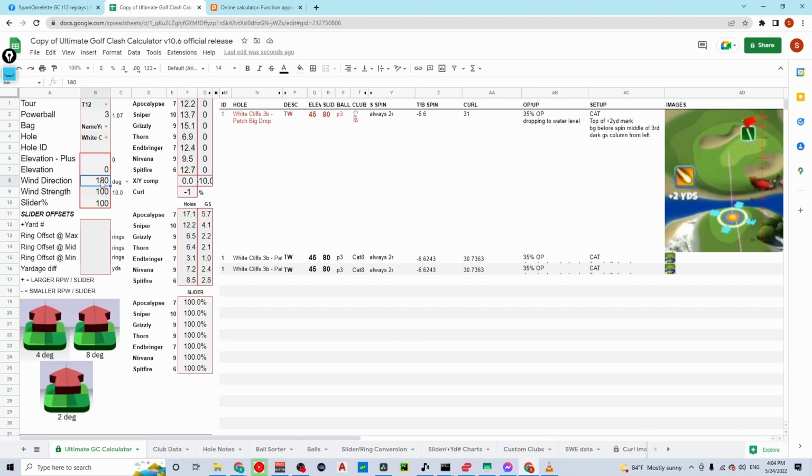And if it was something in between, like 45, it'd be a mixture of the two. You have a left to right wind of 7.1 mile per hour and a tailwind of 7.1 mile per hour, the components of the 10 mile per hour wind.